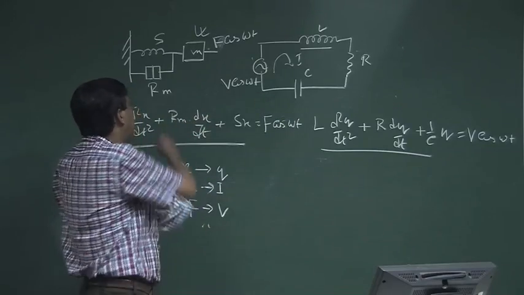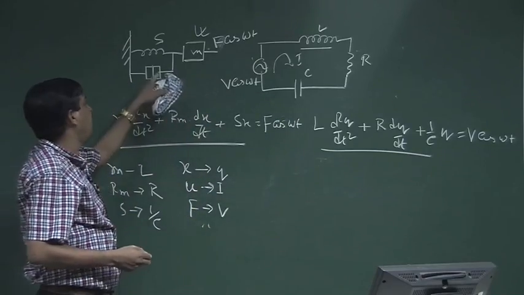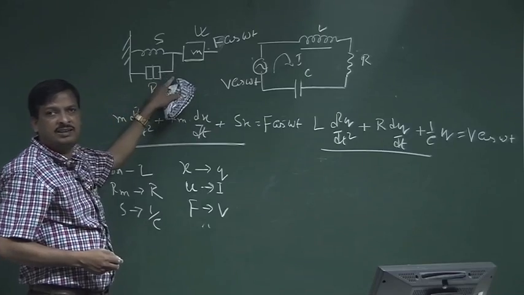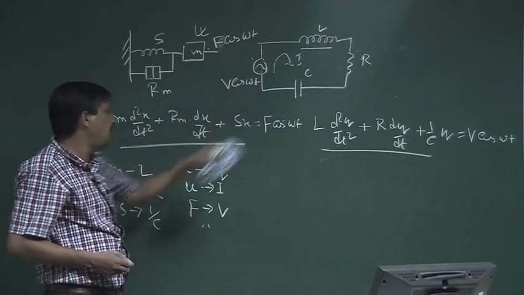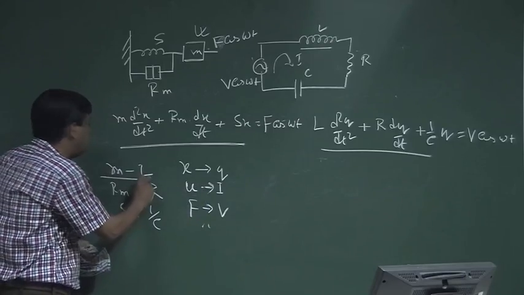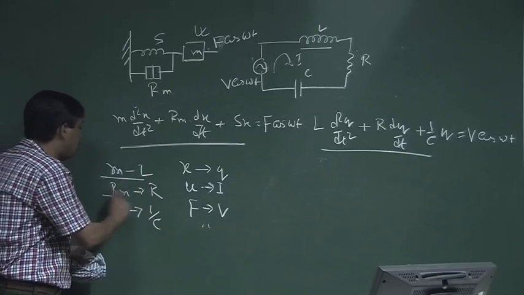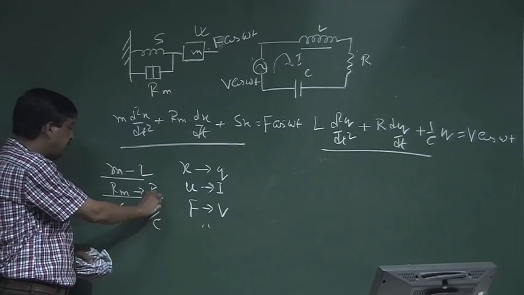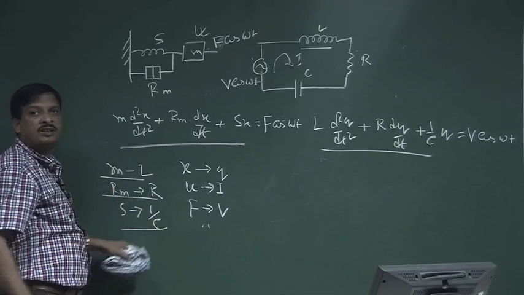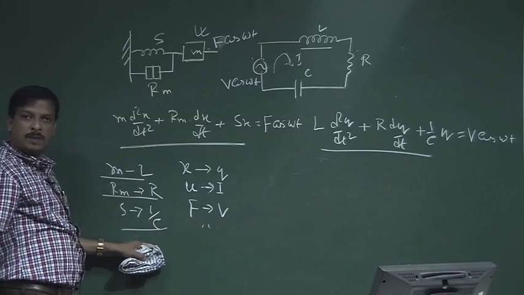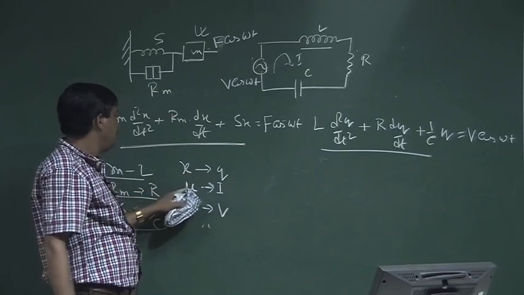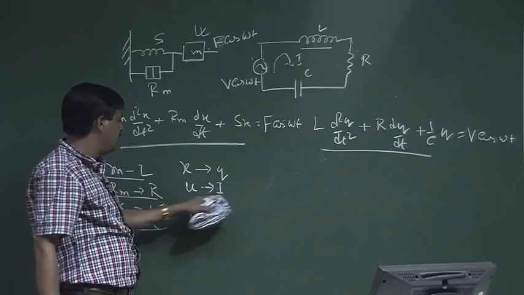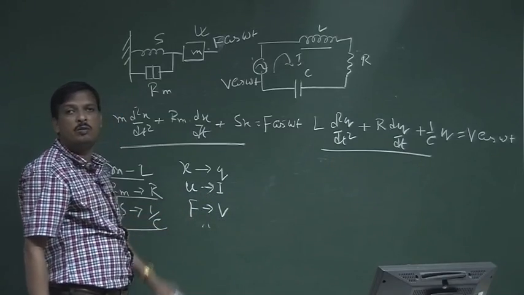So, given any mechanical circuit, I can easily draw its equivalent electrical circuit. I know the equivalences: mass is equivalent to electrical inductance, mechanical resistance to electrical resistance, stiffness to the inverse of capacitance, x to q, the charge, u to I, the current, and force to voltage.